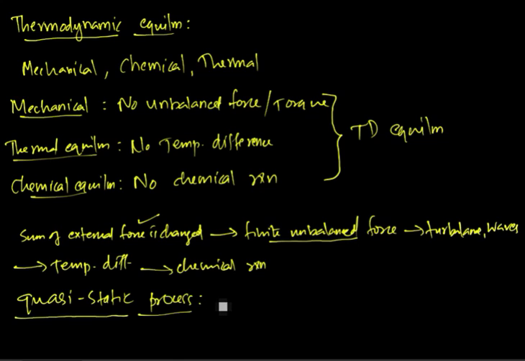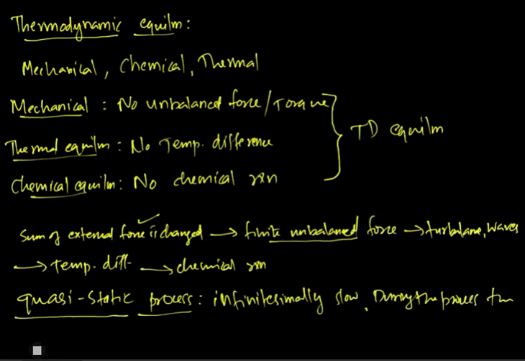So a quasi-static process is a process which proceeds gradually or infinitesimally slowly, a slow process in which, during the entire process, the system is always in a state of, or nearly in a state of, thermodynamic equilibrium.